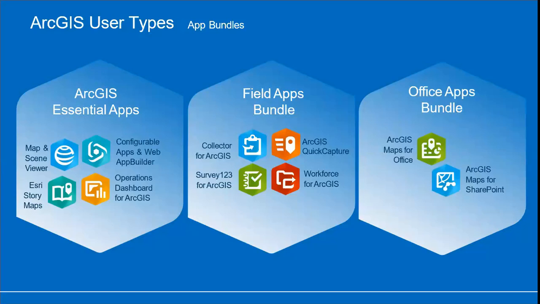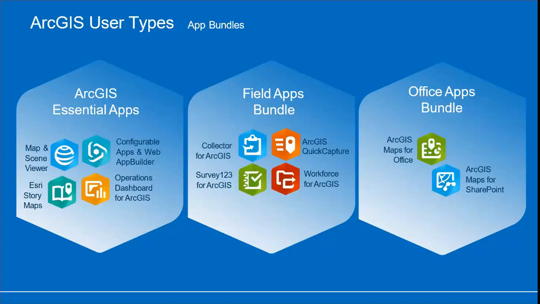For the field worker user type, it's really for field officers, those who will be going out into the field to do data collection. And those kind of staff will get your Collector for ArcGIS, Survey123 for ArcGIS, ArcGIS QuickCapture, Workforce for ArcGIS, to name a few. These persons in the field apps bundle, field worker user type, would also get the essential apps.